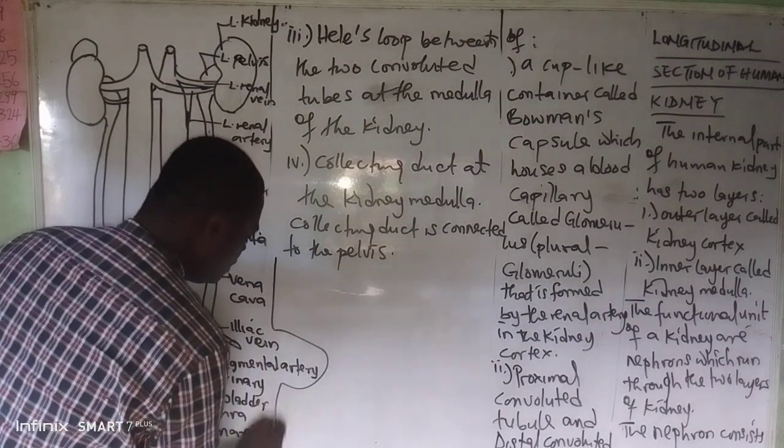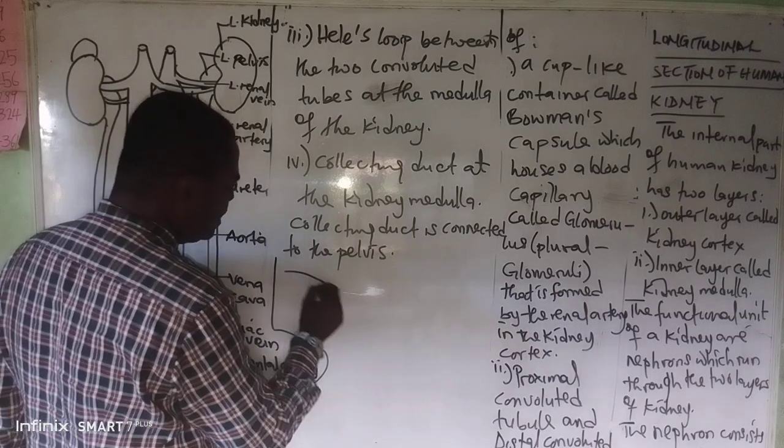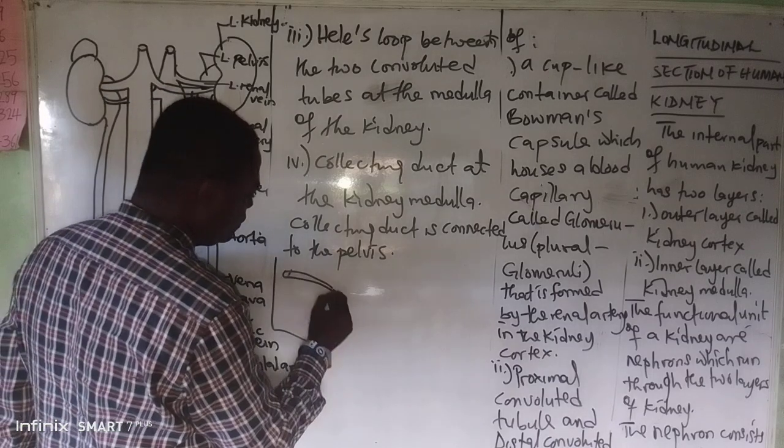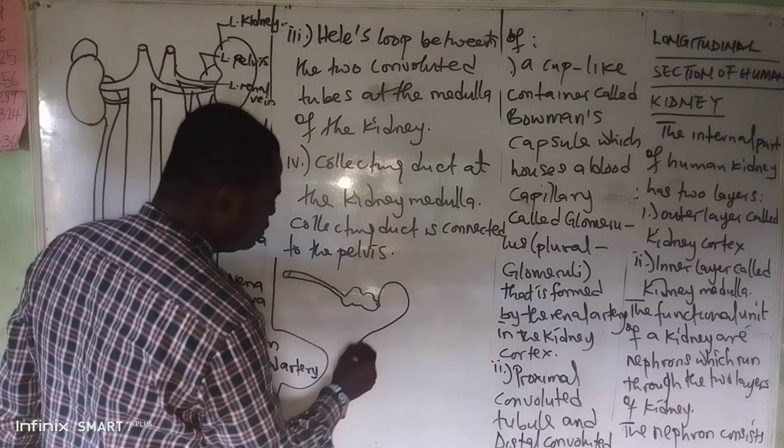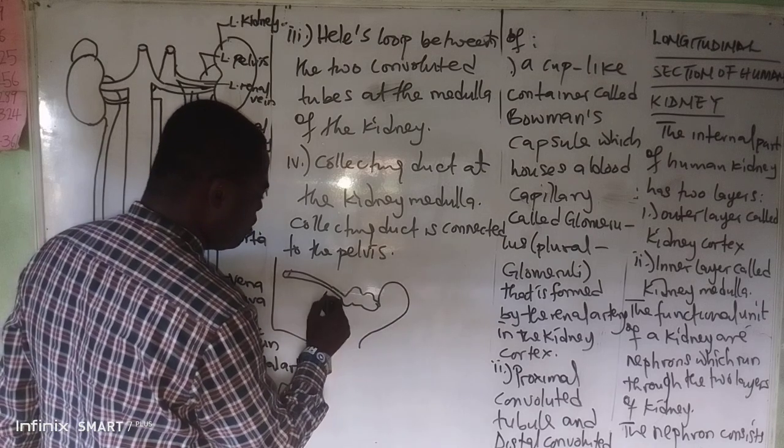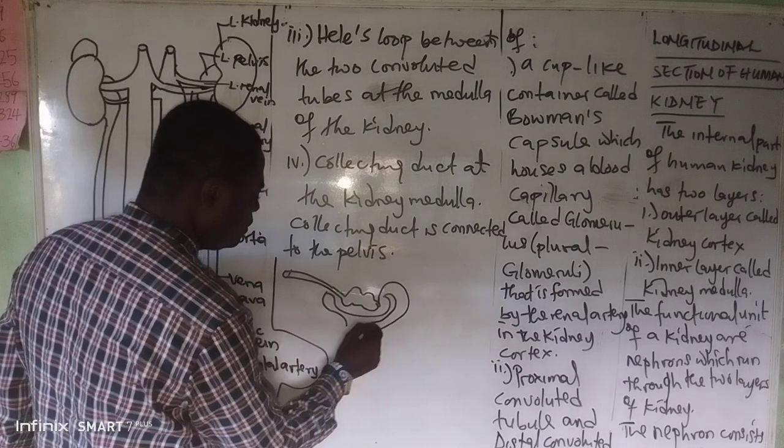So let me try to draw what I'm talking about. This is the renal artery. It forms the glomerulus and continues its journey. And we have what we call Bowman's capsule, like this.